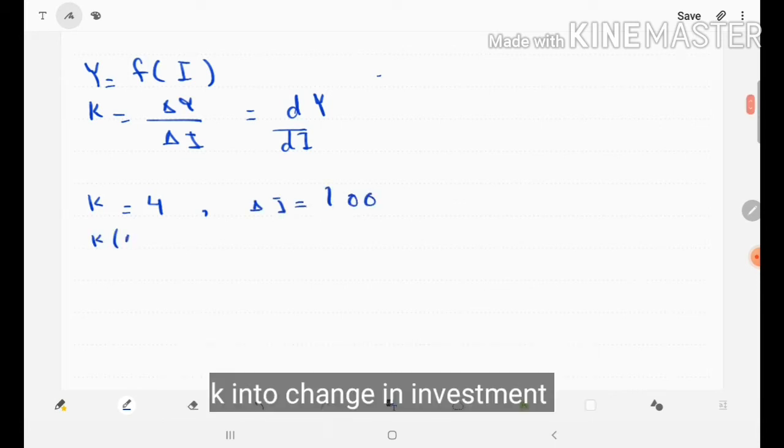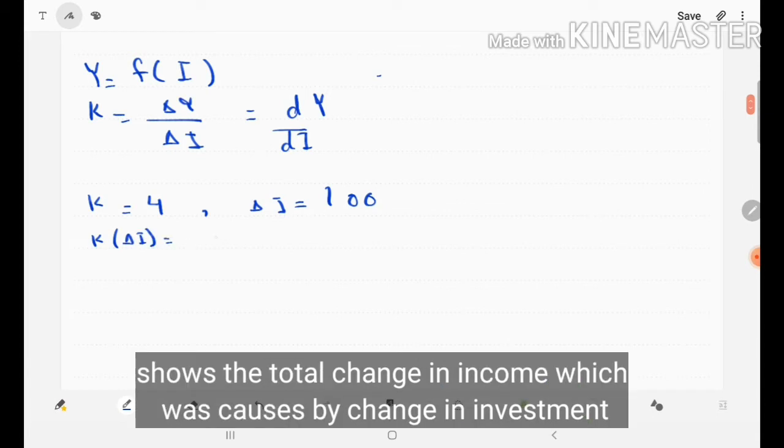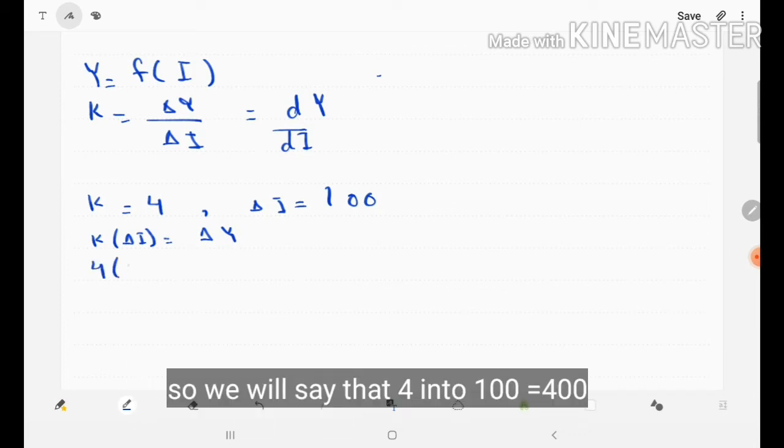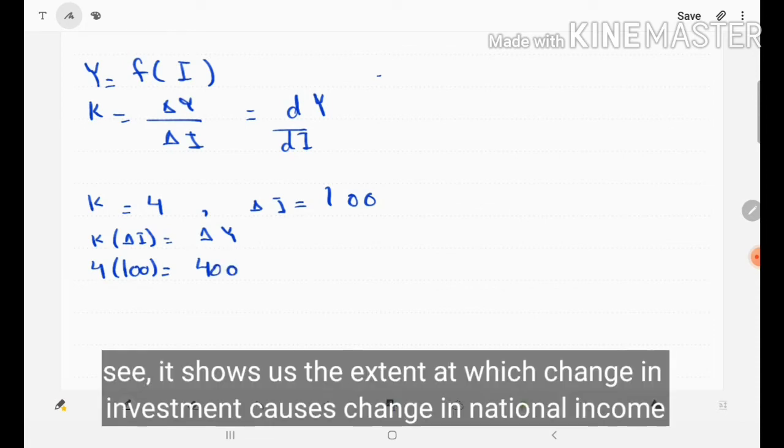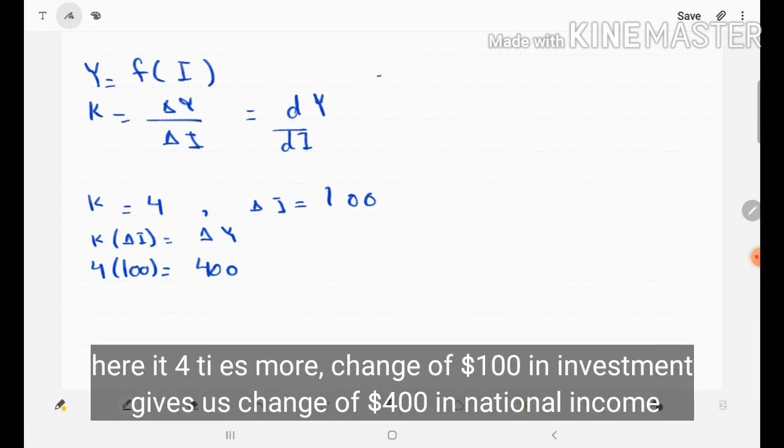K times change in investment shows the total change in income caused by the change in investment. So 4 times 100 is equal to 400. It shows the extent to which the change in investment causes change in income. Here it is 4 times more. A change in investment of 100 gives us a change of 400 in our income.